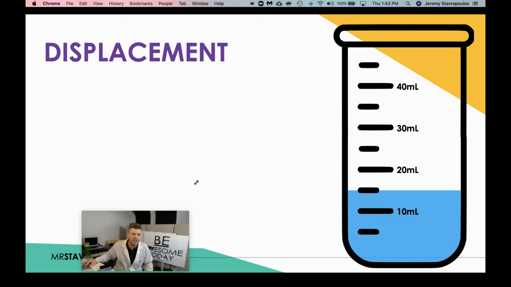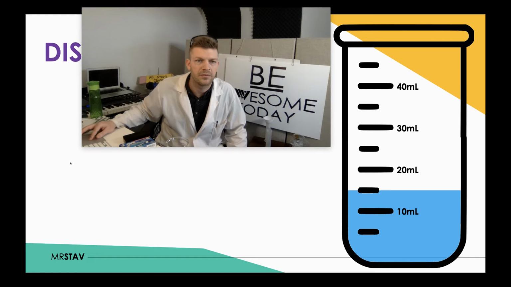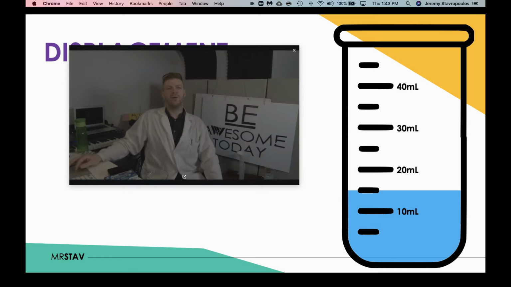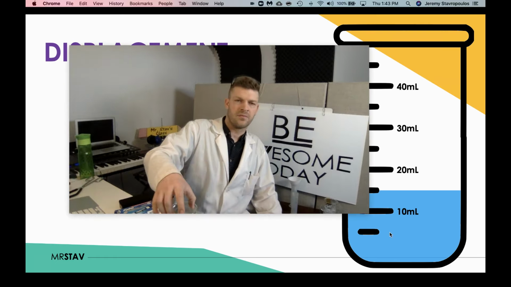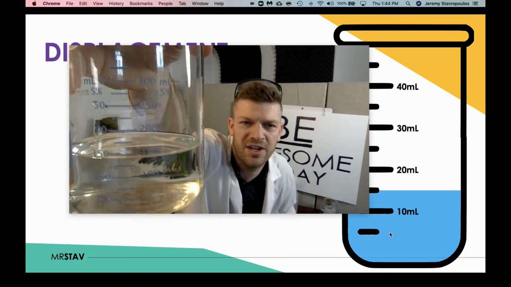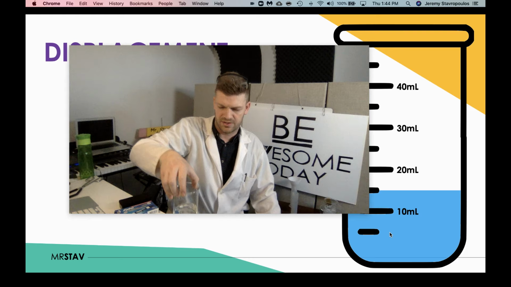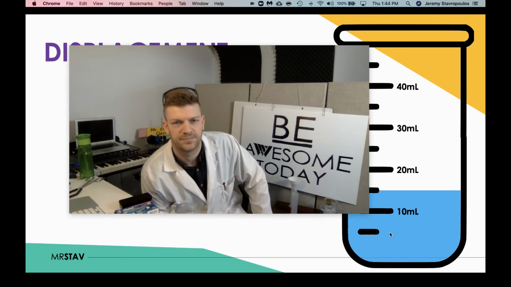If I pull back to this beaker that I had earlier, the proper way to read this is on the table, but I'll just show you on the camera. We have 150 milliliters in this.